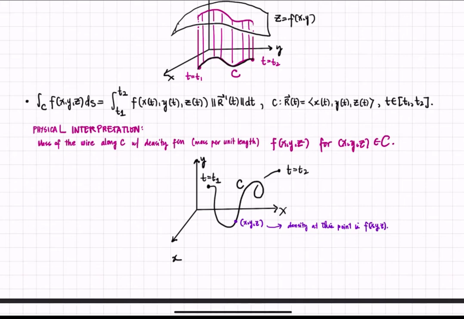Okay? And suppose we assume that the density at a point xyz on the wire is f of xyz, then you can compute the mass of the wire, which is given by the line integral of f along C. Okay?